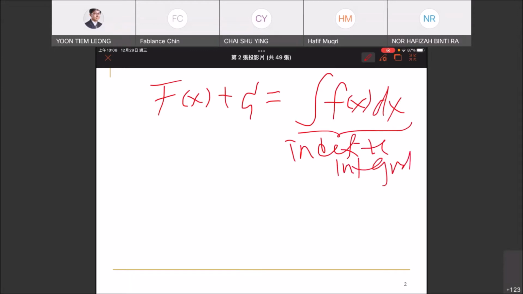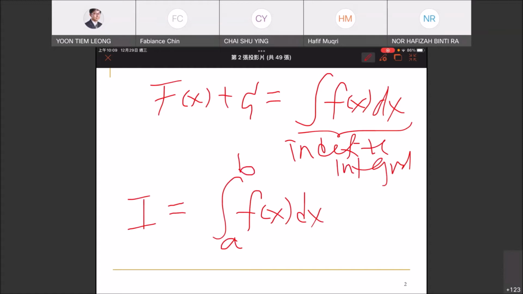Whereas when we talk about the area of a function, which is the Riemann sum, the area is represented by the integration symbol, which looks like this, where it has a lower limit to an upper limit.